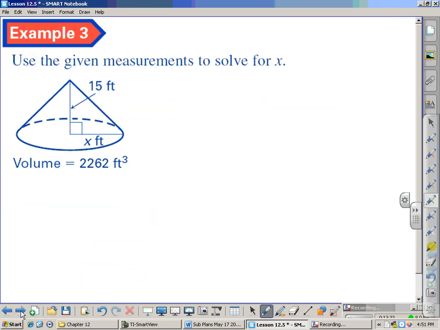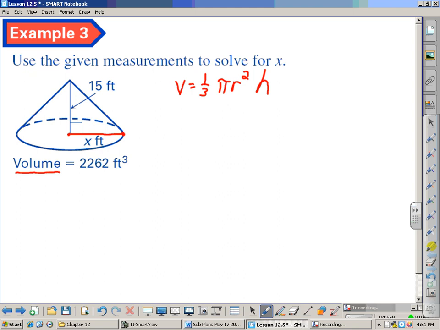Next problem, where you have to find a missing measurement. In this problem, we're given a cone, and we need to solve for that x. Now that x goes from the center of the cone to a piece on the base edge of the cone, so that is the radius. So we're going to use volume, because we're talking about volume here, equals 1/3 pi r squared, which is the area of the base, times the height.